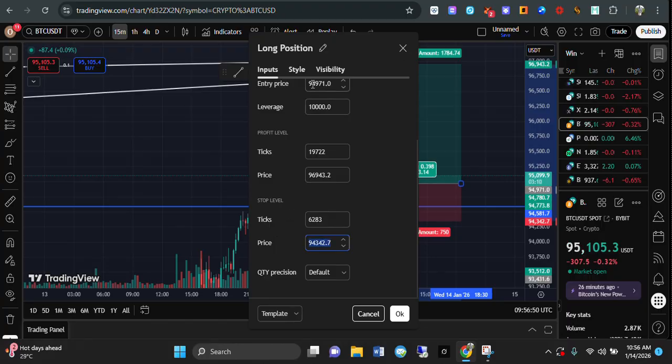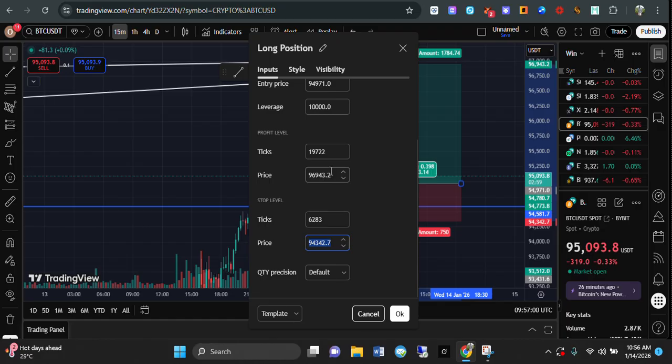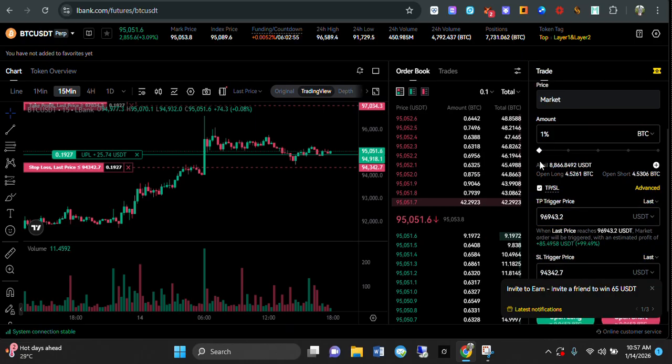You copy it this way, you take it down to your trading app, which is Lbank trading app. You paste it here, you copy your TP as well, and then you take it to your Lbank too, paste it right here. Then you move the order and the amount you want to risk.